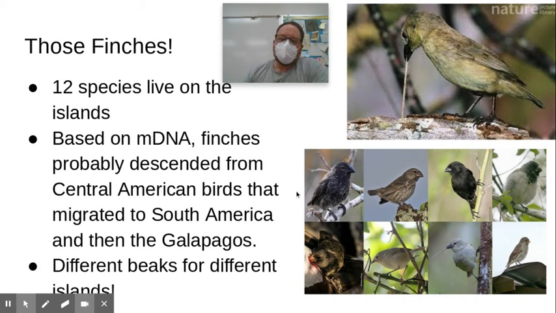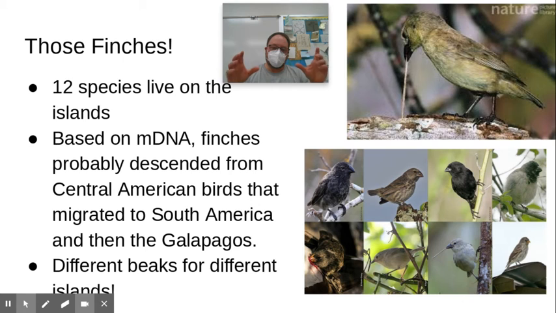All right, Darwin collected quite a few birds in his travels, and when he was at the Galapagos, he grabbed a number of different birds that ended up being of different species. The evolutionary history of these birds has been something that people have tried to find for quite a bit of time.